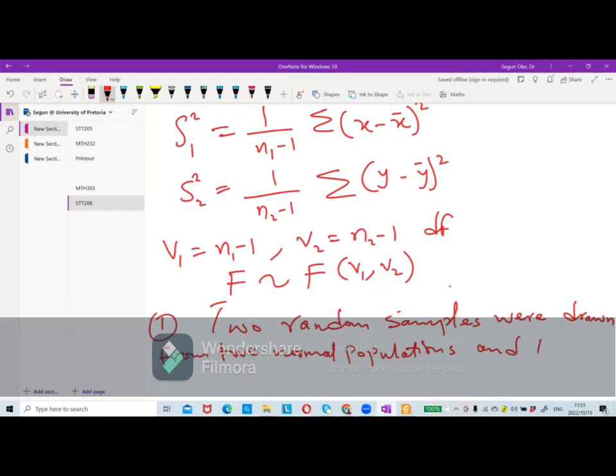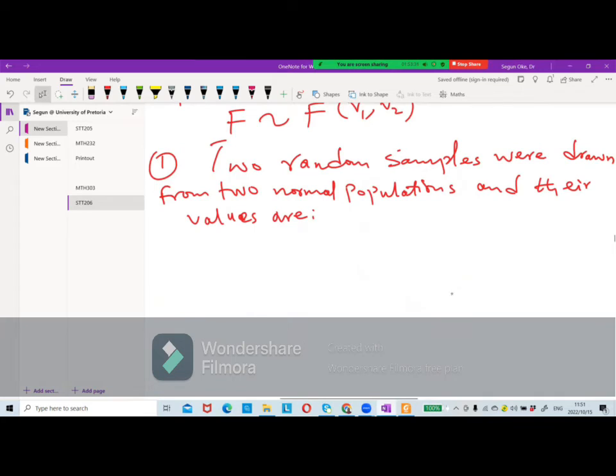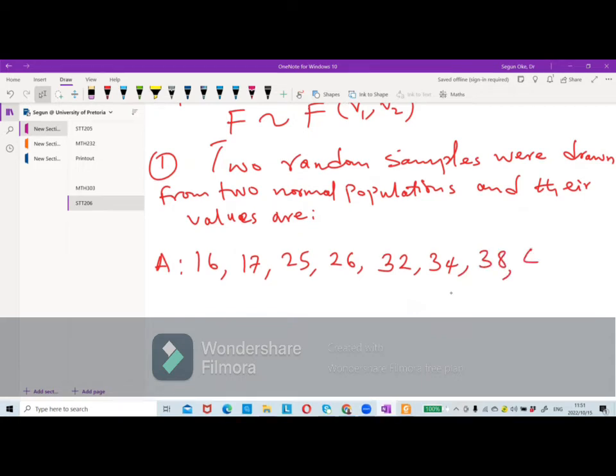And their values are, A: you have 16, 17, 25, 26, 32, 34, 38, 40, 42.